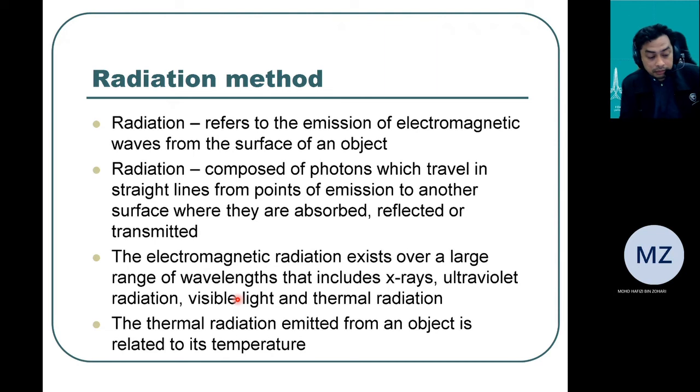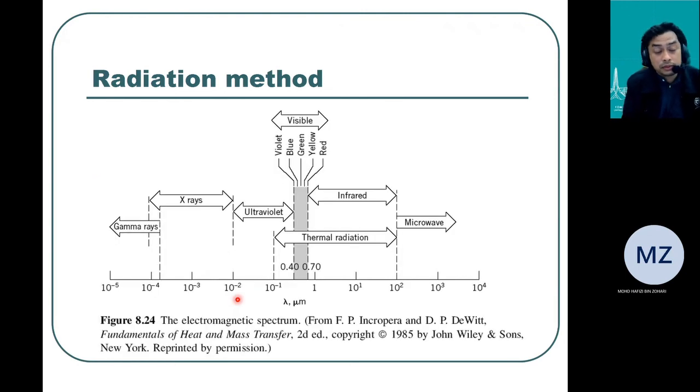But not only photon. Photon is for the light, but there are a lot more radiation waves. For example, we have X-rays, ultraviolet, visible light, thermal radiation, and microwave. If you look at this, there is a lot of radiation that transfers from the body to the outside.